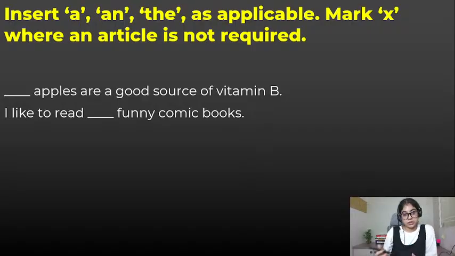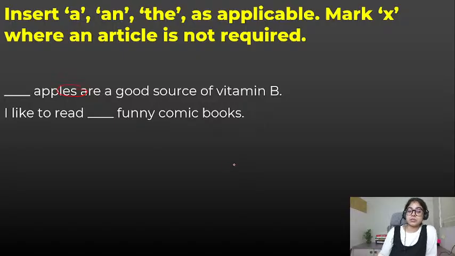Okay, now first we'll focus on the sound. Apples. It's definitely a vowel sound. So I probably have to stick to an. But I can't use an because this is plural.